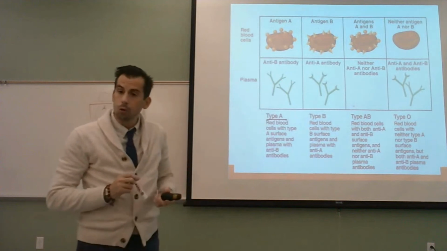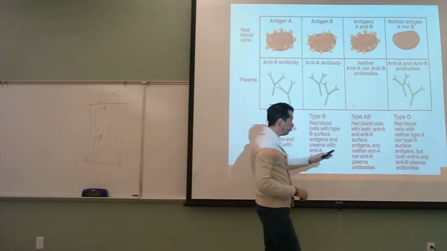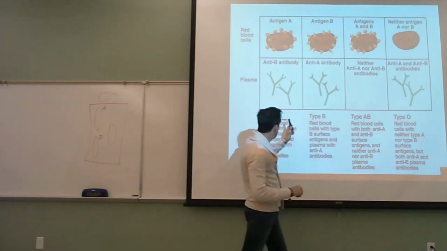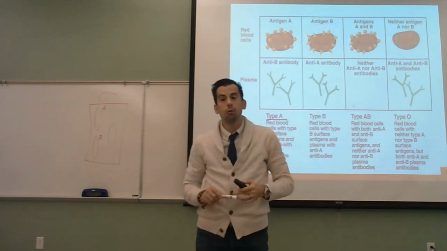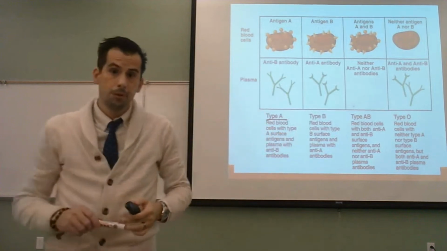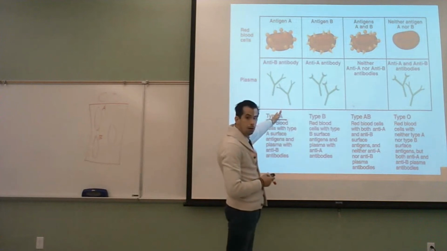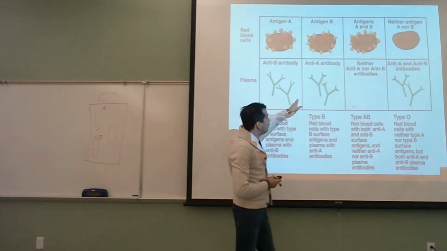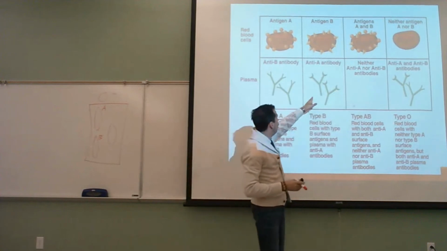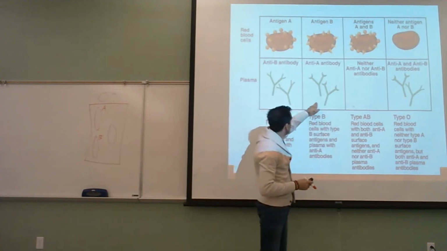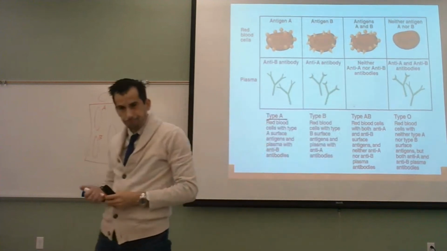We can call type O a universal donor because we can put type O into any of the other blood types because it doesn't have any antigens to attack. So if we put type O into type A, the A antibodies have no antigens to bind to. If we put type O into type B blood, the anti-A antibodies have no antigens to bind to, and so on.